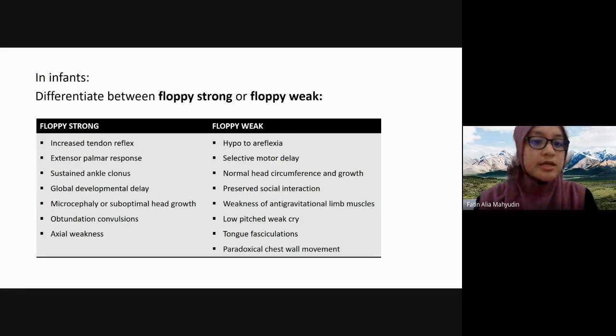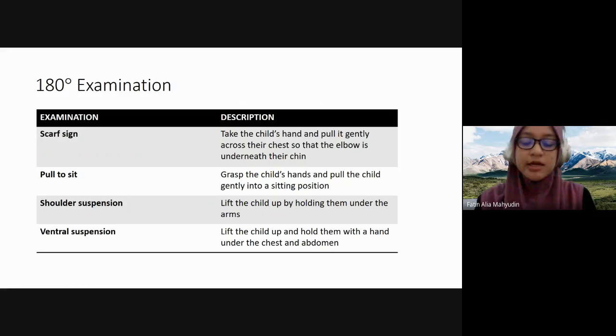So this is actually similar to last week's discussion. And this is also similar to last week's discussion, the examination that we do in infant with hypotonia that we suspect floppy infant. So you can see the examination including the scarf sign, pull to sit, shoulder suspension, and ventral suspension.